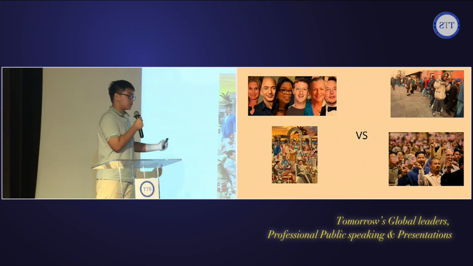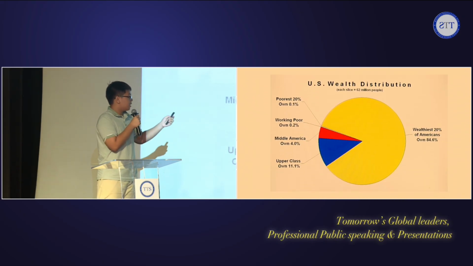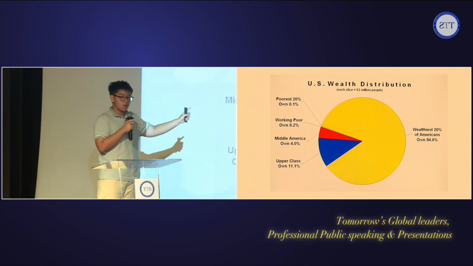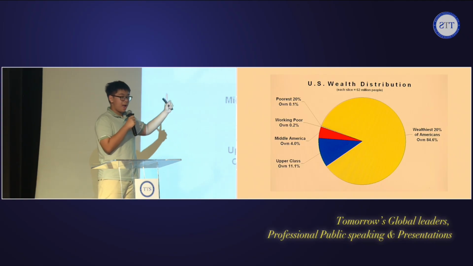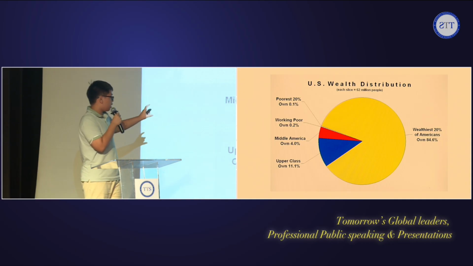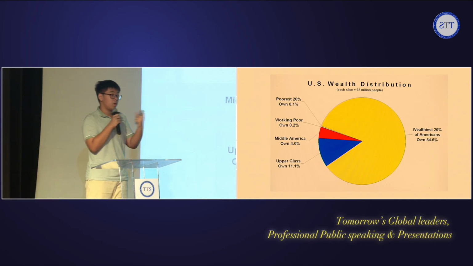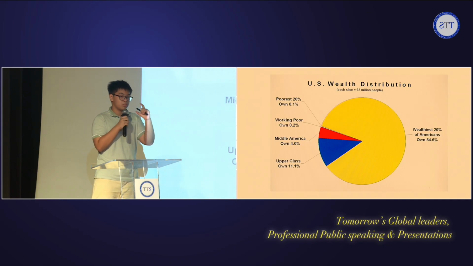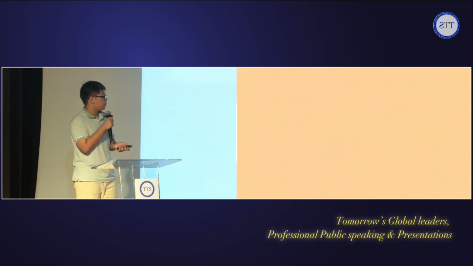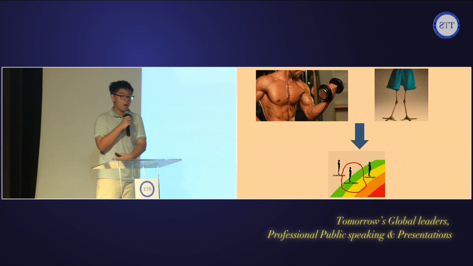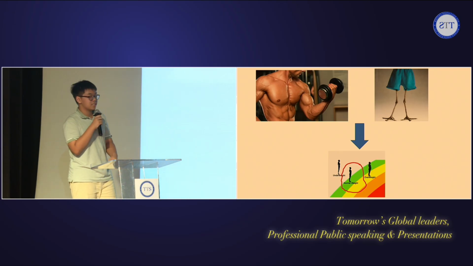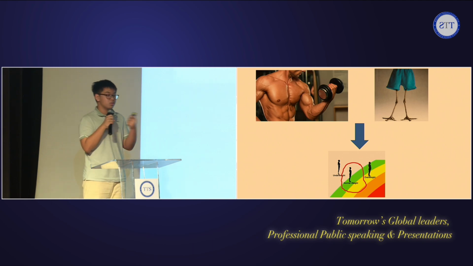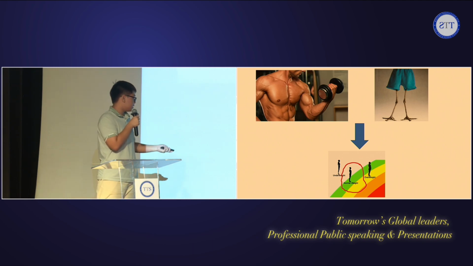In this chart, you can clearly see that only a minority of Americans took up 84.6% of America's power and wealth, while the rest of America's citizens, the poor and middle class, only take up a small part of America's overall assets. You can imagine this like a man with a strong upper body with a lot of muscle, but in his lower body he has only skinny legs, though his overall result is a normal body.